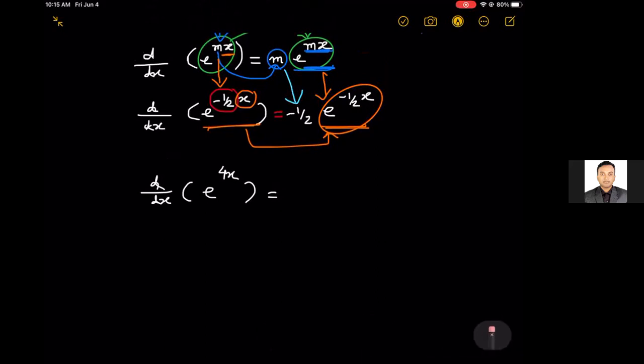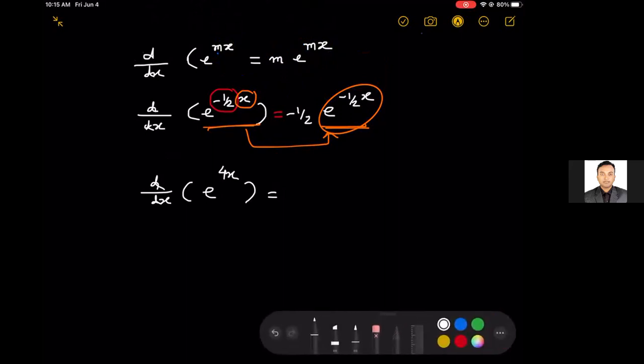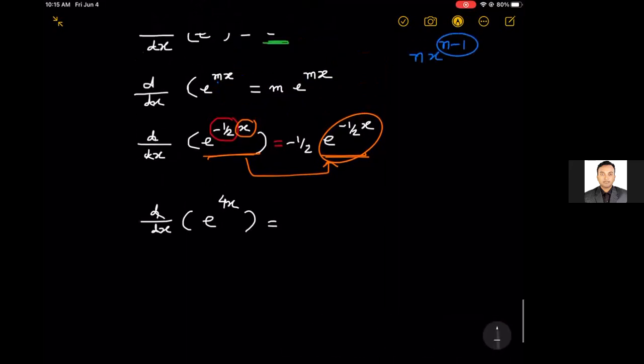Let me remove some of this. All right. So whenever we have something in the form of e to the mx, we can straight away write m times e to the mx.